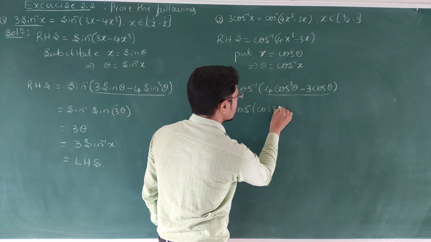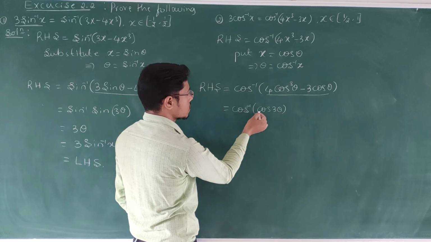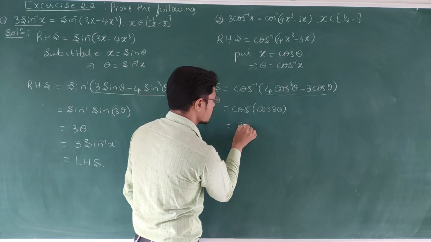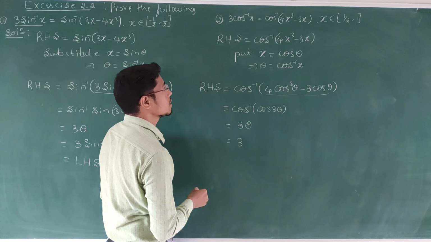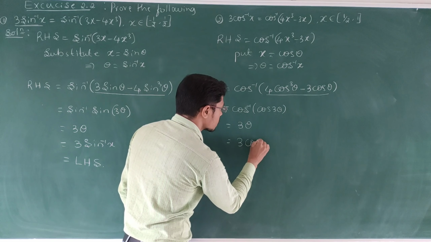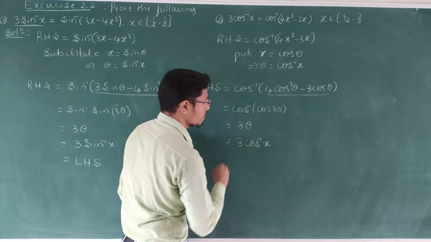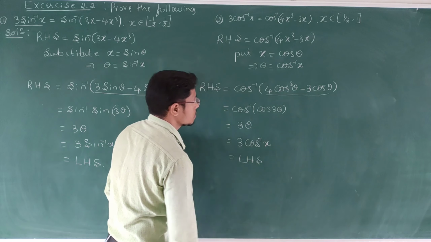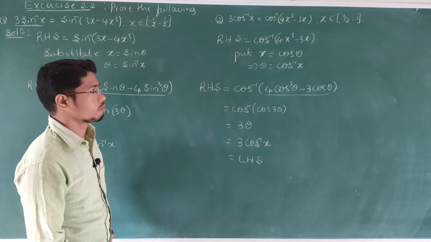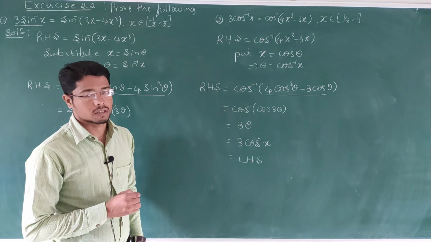Here cos inverse and cos will get cancelled, the remaining is 3 theta. 3 into theta is 3 cos inverse of x. So this is equal to the LHS. Very simple problems, but these are all important for 3 marks.